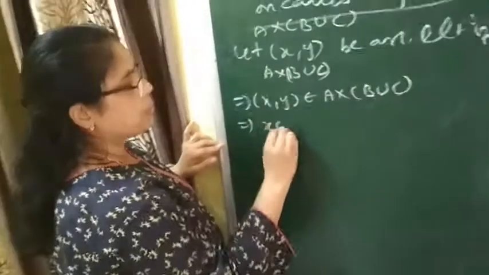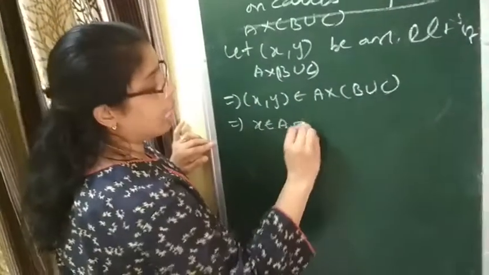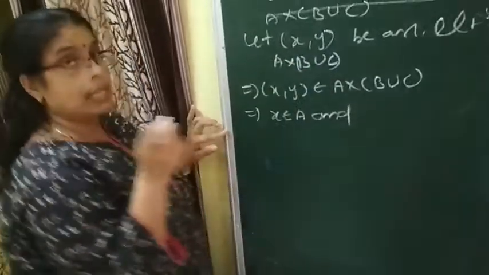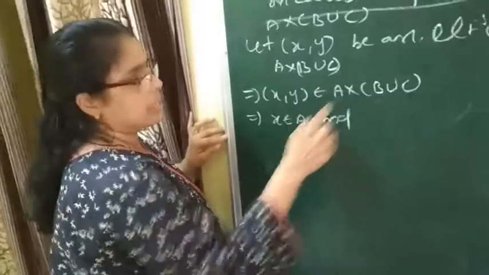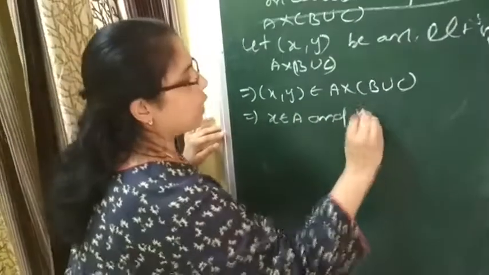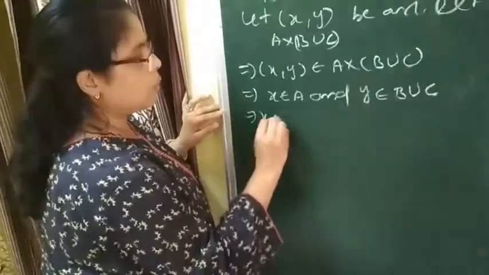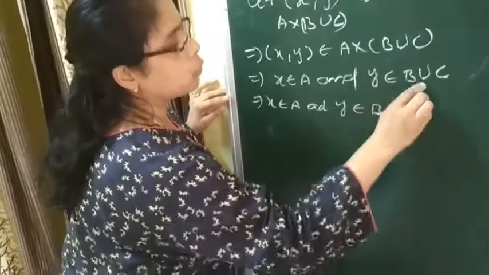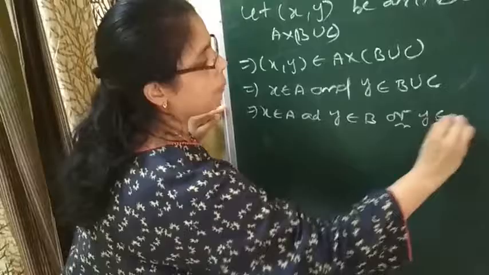That is, x belongs to A, and the conjunction word is and. For union the link word is or, for intersection the link word is and, and for Cartesian product the conjunction word is and. y belongs to B union C. That implies x belongs to A and y belongs to B, union means or, y belongs to C.